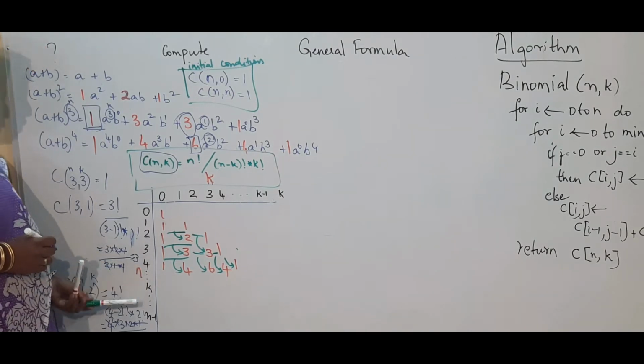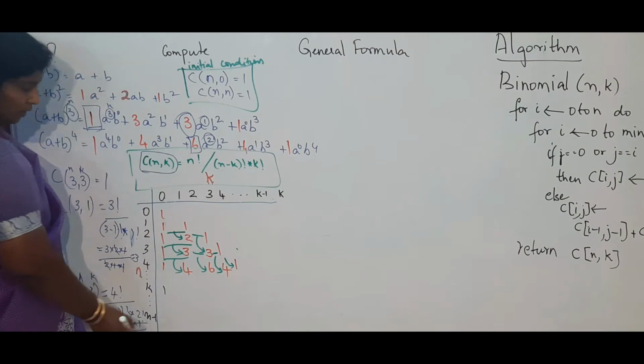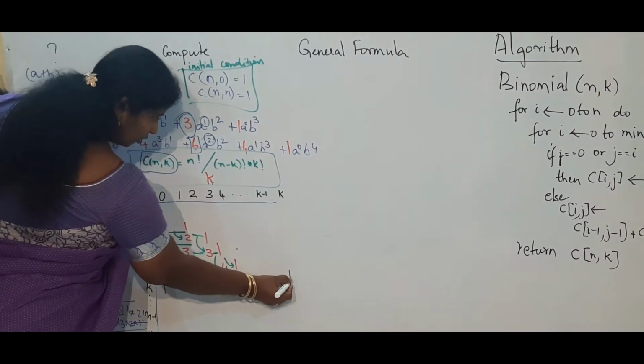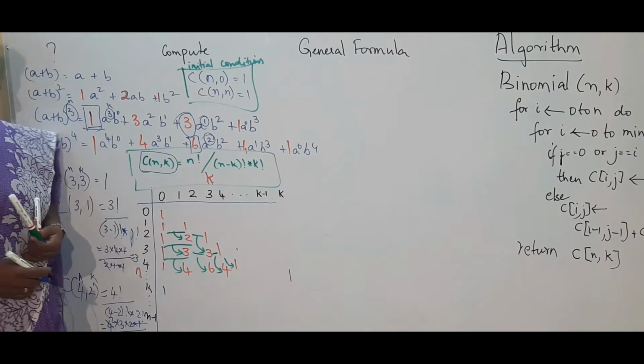But when it comes to the k element, obviously the first element is going to be 1 and the kth element is also going to be 1. But how about the intermediate element?